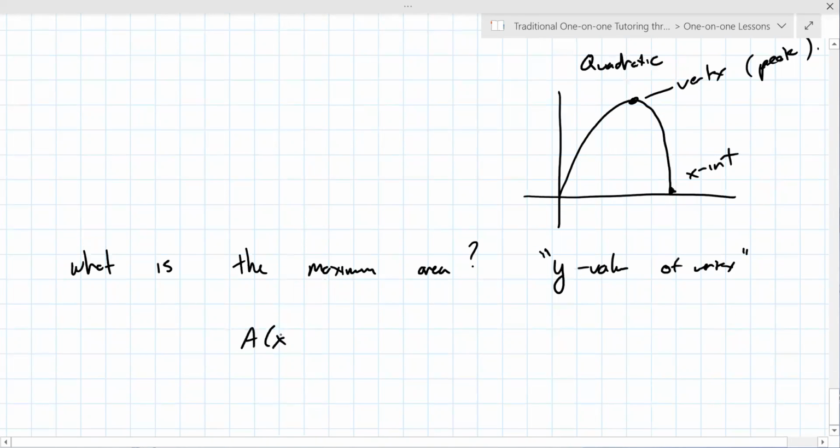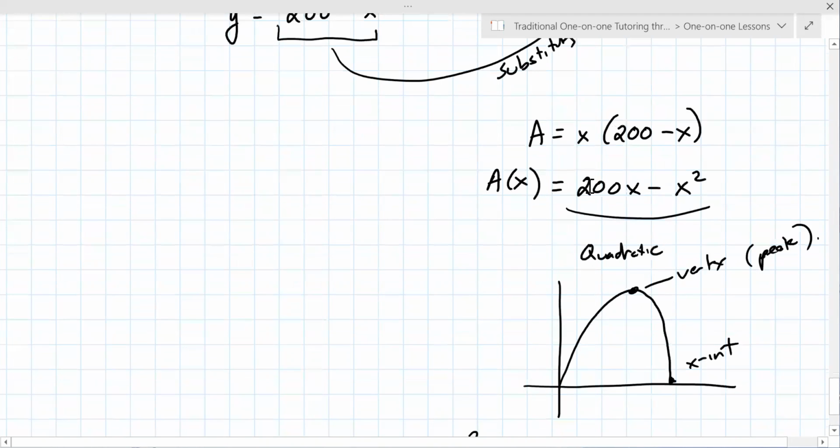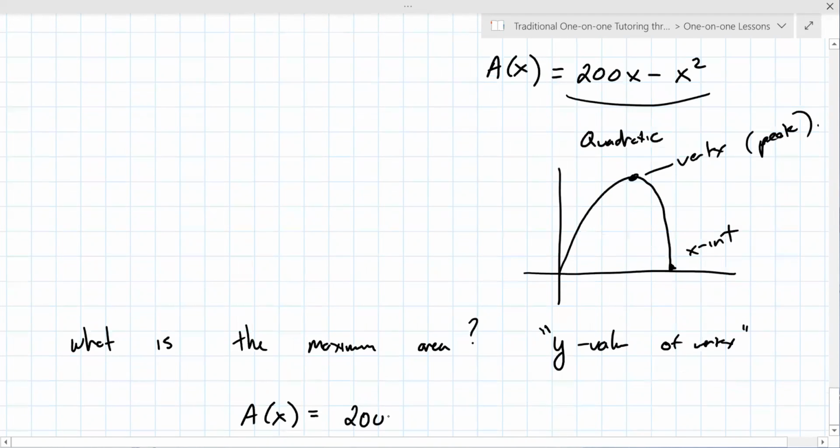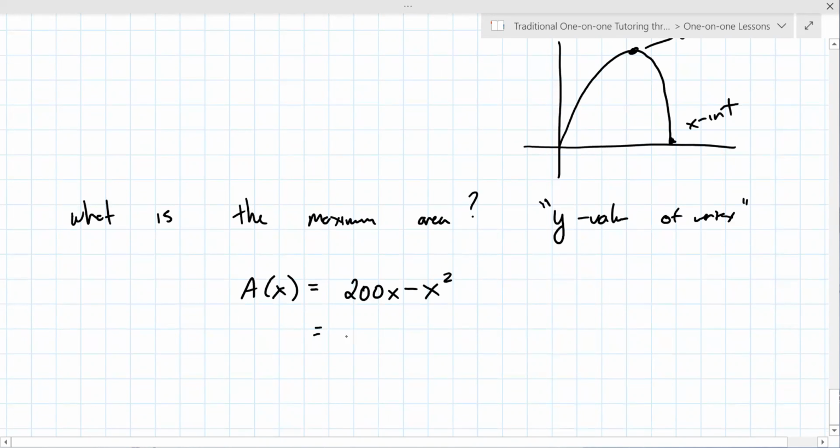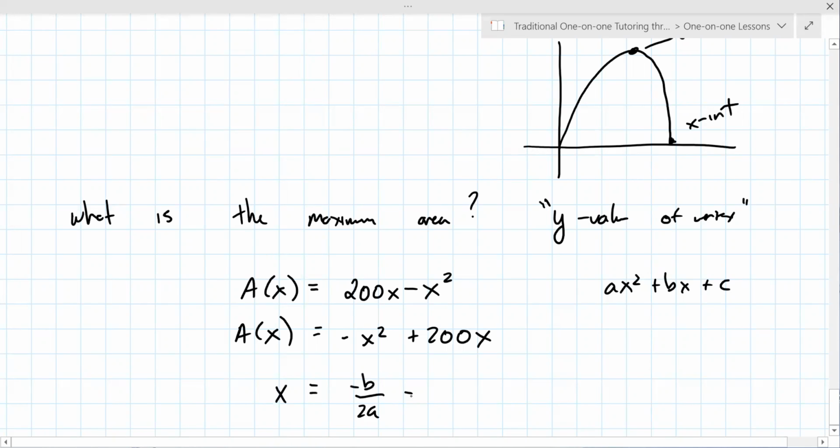It's A of x equals 200x minus x squared, but this is actually not written in the right form. It should probably be written like this: minus x squared plus 200x. Remember, it's in descending order: ax squared plus bx plus c. So your x value is minus b over 2a.